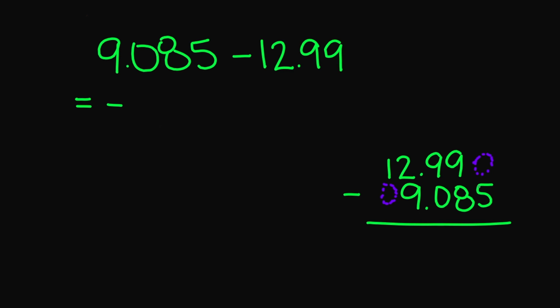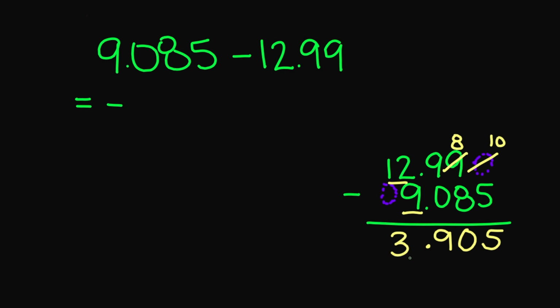So let's subtract. 0 minus 5, can't do that. I need to borrow. This 9 is going to become an 8. This 0 here is going to become a 10. So 10 minus 5 is 5. 8 minus 8 is 0. 9 minus 0 is 9. Bring that decimal down. And then here you have 12 minus 9, and that's going to give you 3.